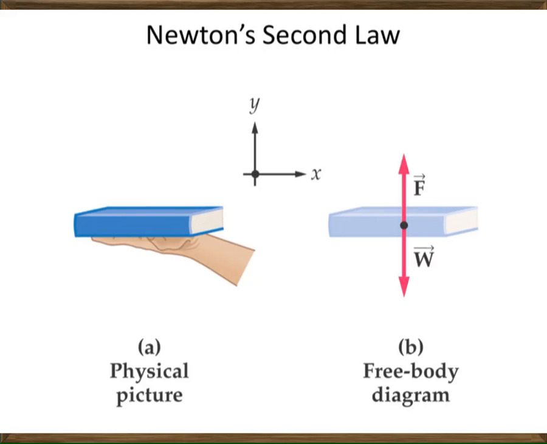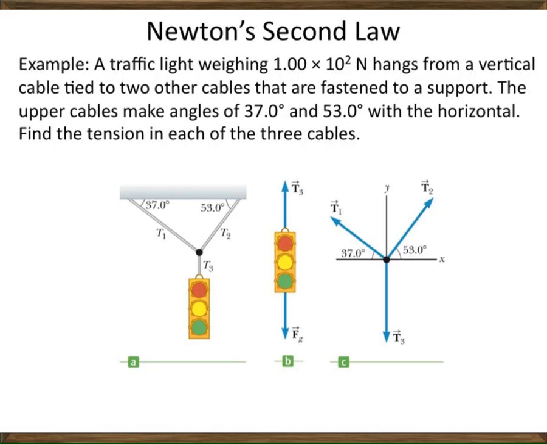Free body diagrams are drawn only for one object. You cannot draw, for example, a free body diagram for two objects at the same time. So this is one of the simple examples of a free body diagram.